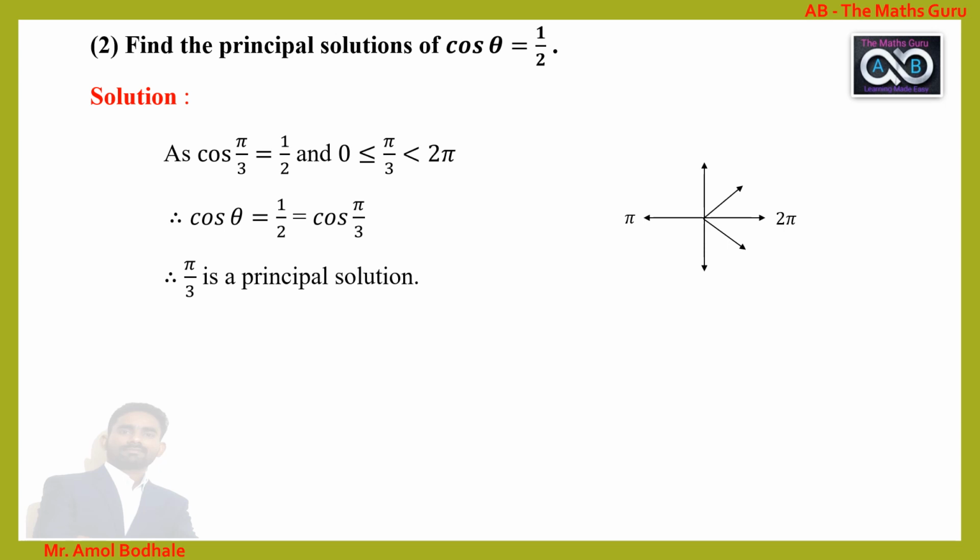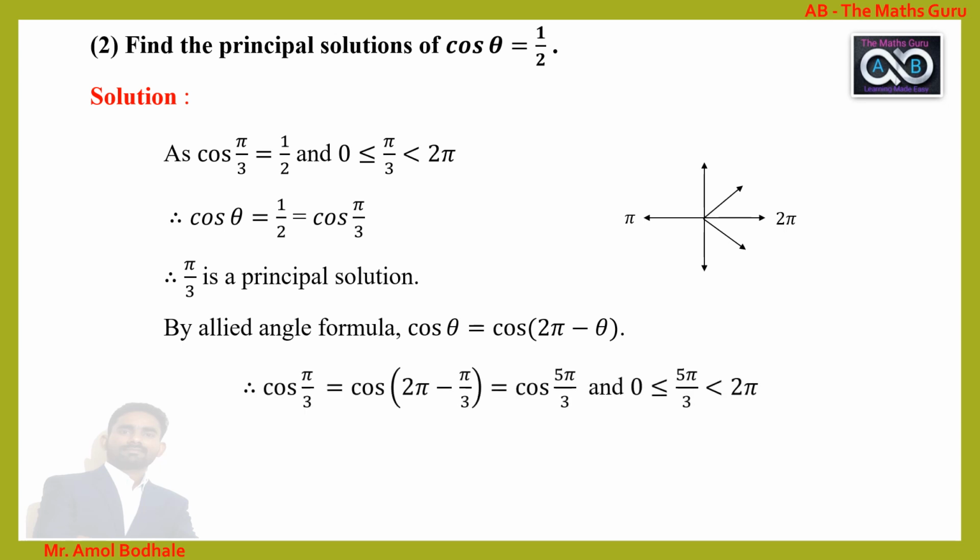The angle in the first quadrant, which we have already found, is pi by 3. Now how can we write the angle in the fourth quadrant? This angle can be written as 2 pi minus theta. That means the angle lying in the fourth quadrant can be written as 2 pi minus theta. So therefore by using the allied angle formula we can say cos theta equal to cos of 2 pi minus theta. So therefore cos of pi by 3 can be written as cos of 2 pi minus pi by 3, that is cos of 5 pi by 3, and here the value 5 pi by 3 also lies between 0 and 2 pi.